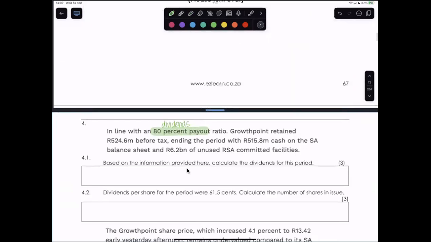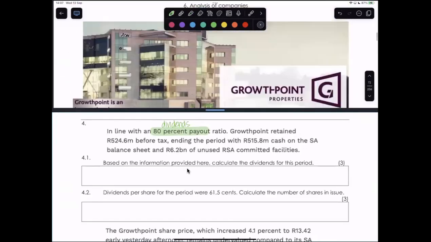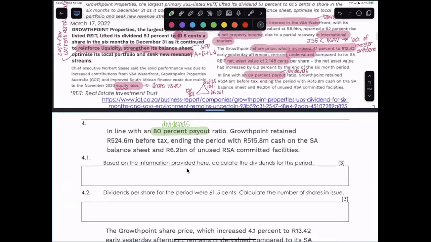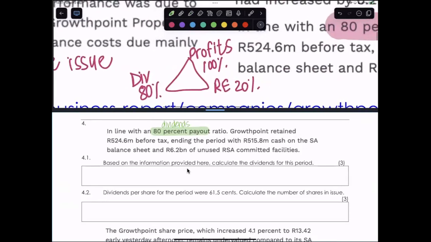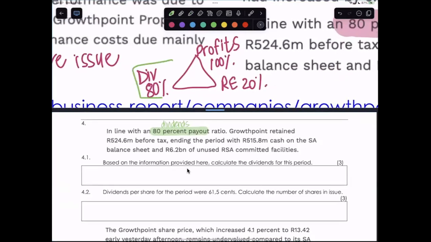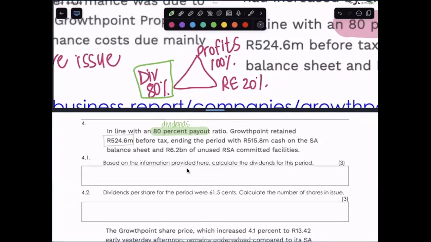Remember that we actually showed a little triangle explaining how we could work this out, because we'd already predicted this. If you're trying to work out the dividends, that means that this over here is the figure that you want. We've got a figure of 524.6 million given to us.